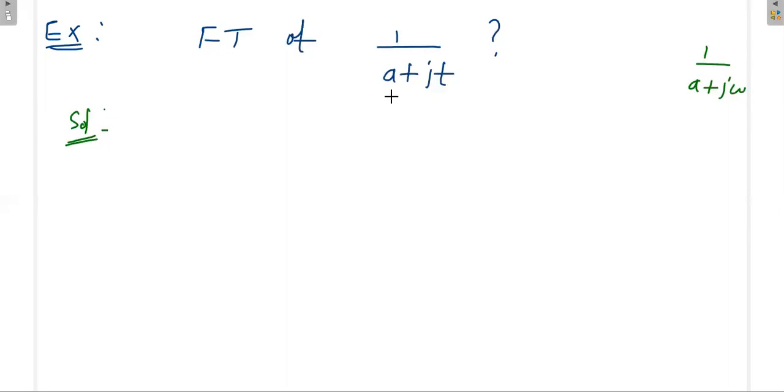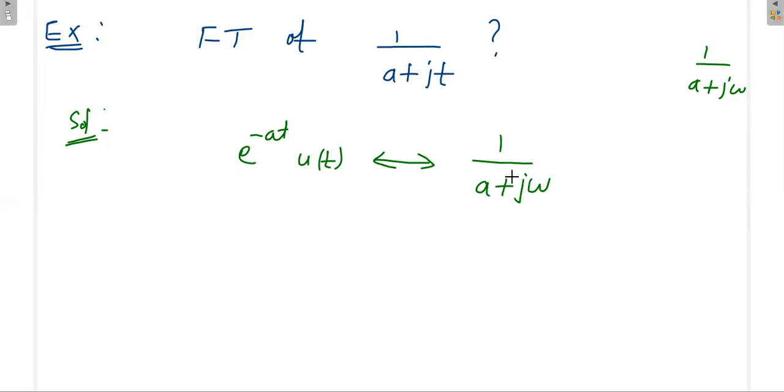Whenever the problem is like this, we have to apply the duality principle. This shape is already present in the frequency domain, so what is its corresponding time domain signal? In the time domain, for e power minus at u of t, the Fourier transform pair is 1 by a plus j omega. Then we have to apply the duality.